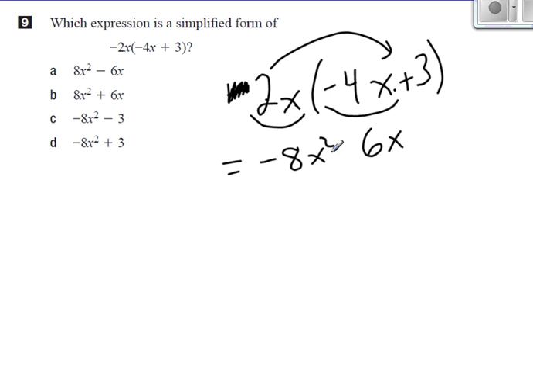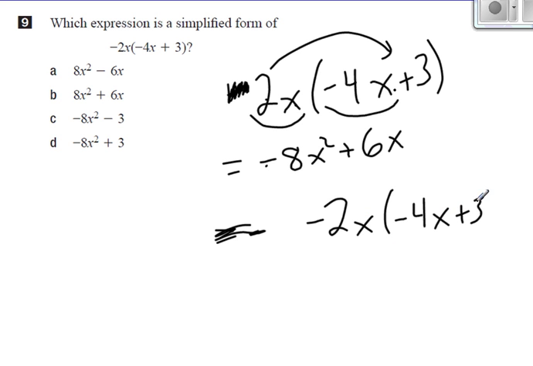And again, I have to put a sign here. 2 times 3 was positive 6. Now, this would have been the right answer if I had positive 2x. But because what I had was negative 2x, my answer is only different in the signage.